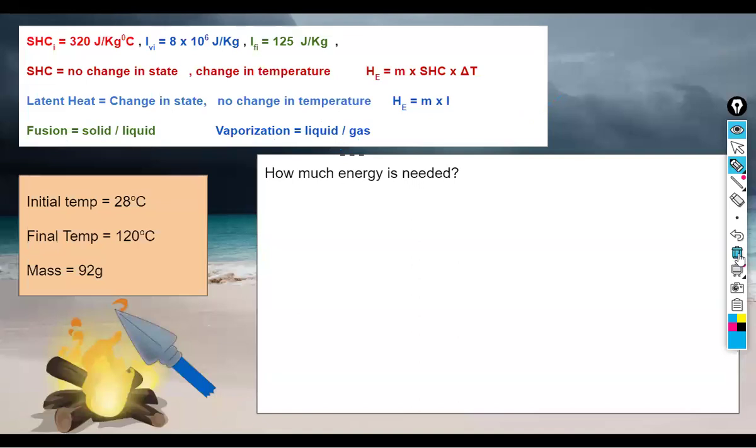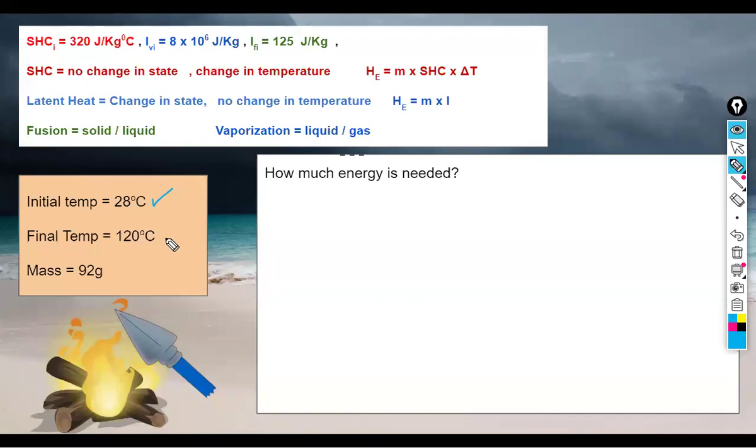All right, so first things first. Let's say we're stranded on a deserted island, and we make a spear out of metal. So we're back in the caveman days here. Here's what we're gonna do. We're gonna put the spear over a fire. The initial temperature of the spear was 28 degrees. That's before we started to heat it up.